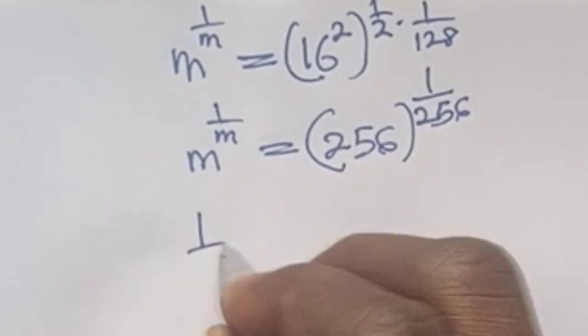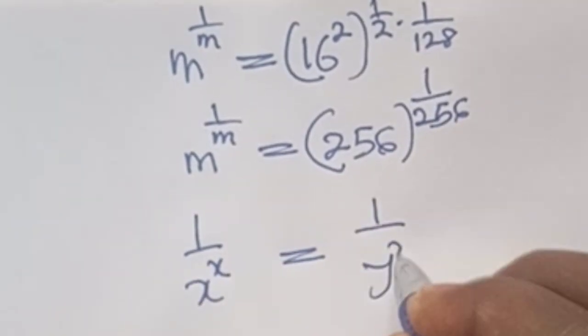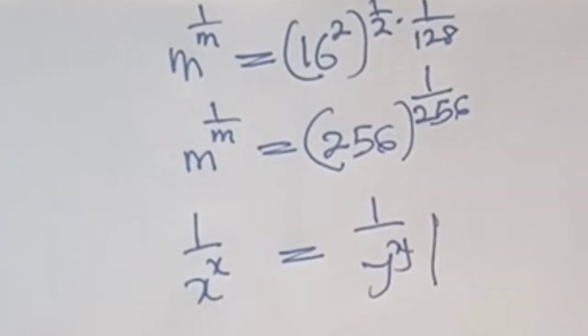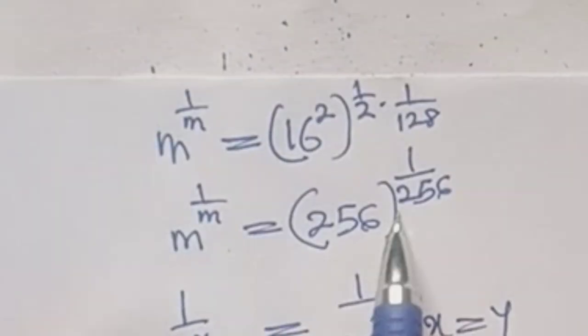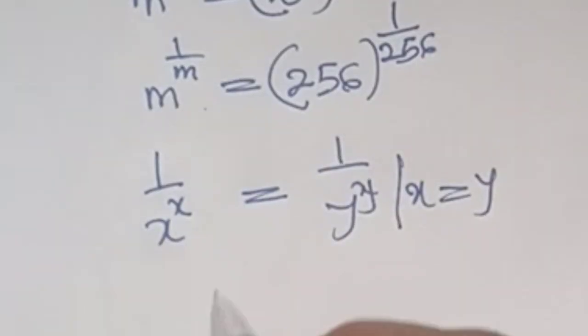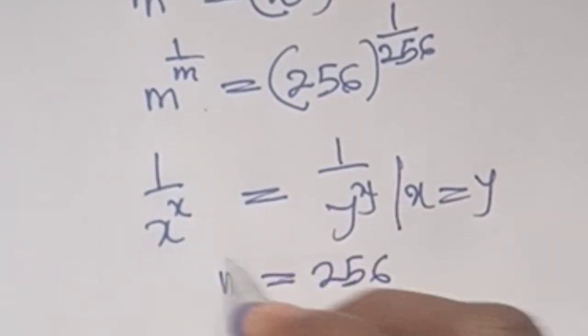But when we have 1 over x to the power of x equals 1 over y to the power of y, that means x equals y. Therefore, by comparison, we can say m equals 256.